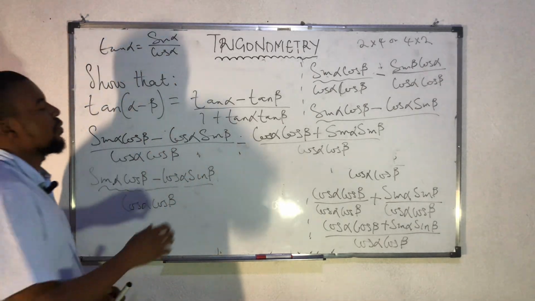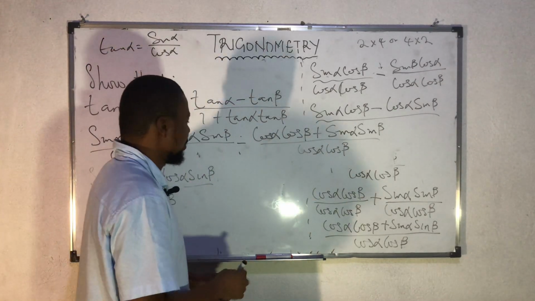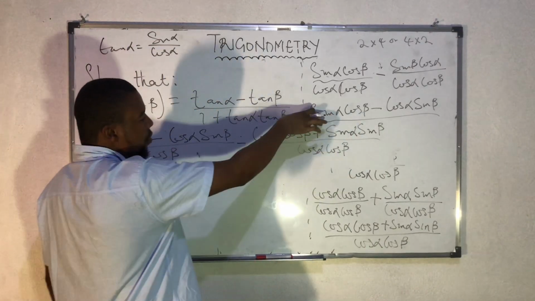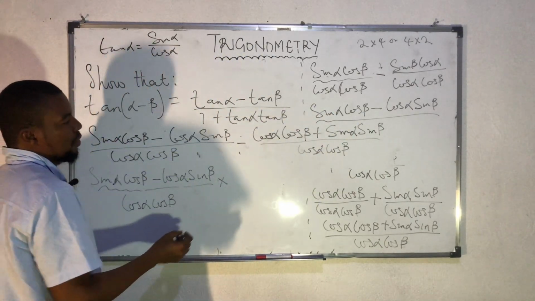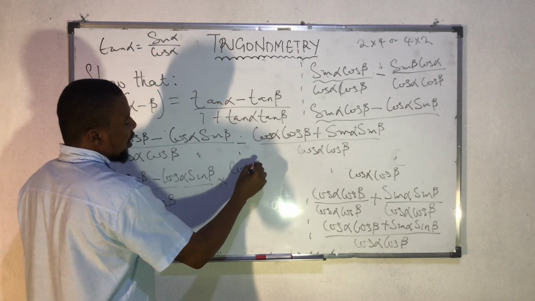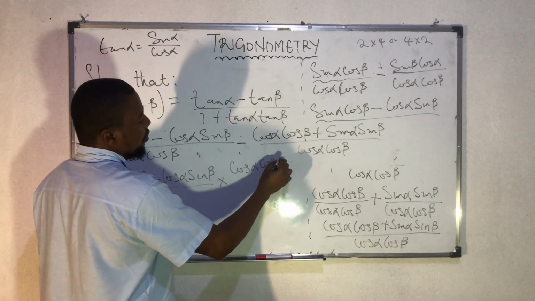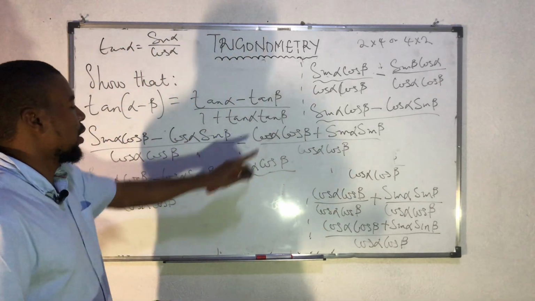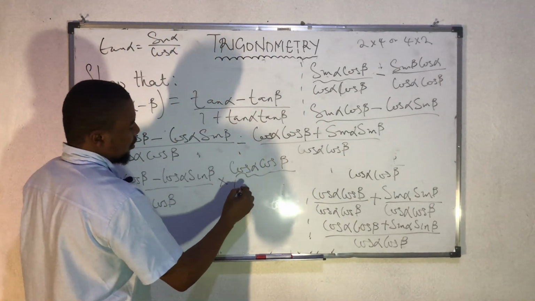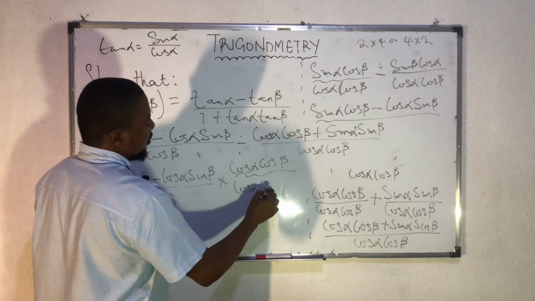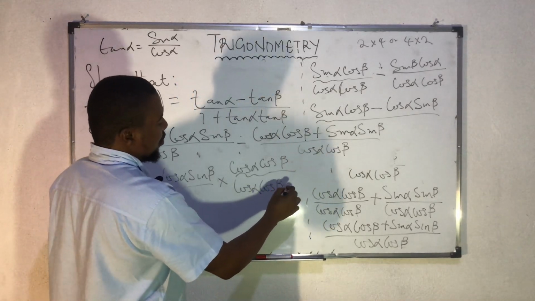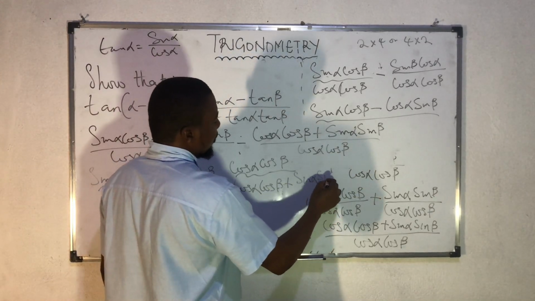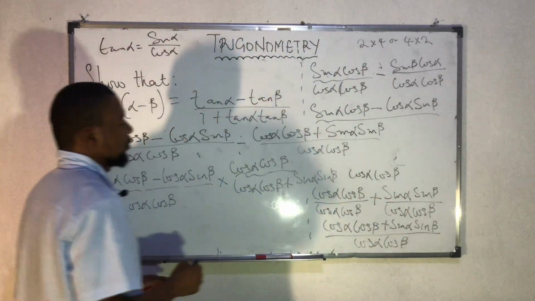Now we change the sign from division to multiplication and the denominator becomes the numerator, while the numerator becomes the denominator. We have cos alpha cos beta over the numerator, which is cos alpha cos beta plus sine alpha sine beta.